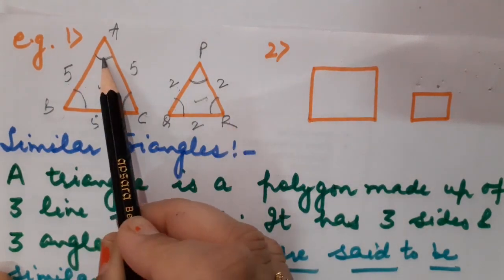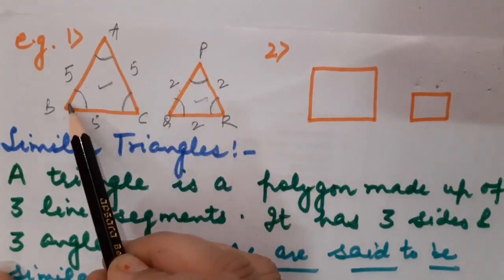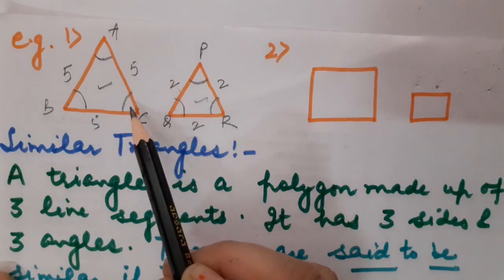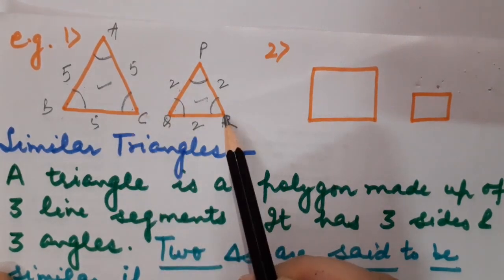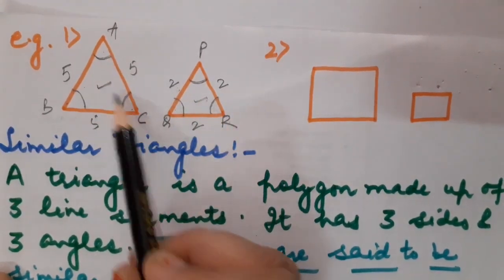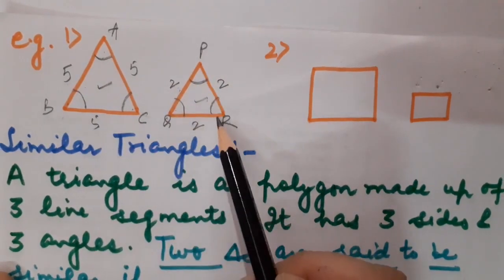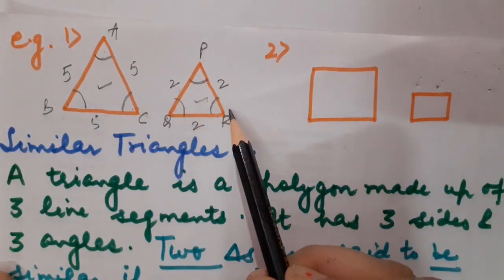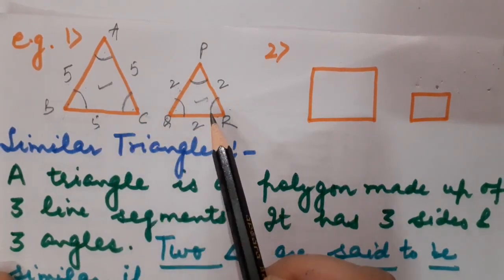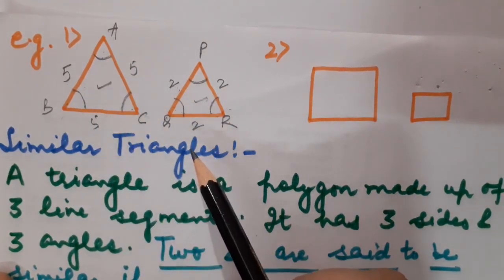For example, angle A must be equal to angle P, angle B must be equal to angle Q, angle C must be equal to angle R. Means each and every angle of the first figure must be equal to the corresponding angle of the second figure. Then in that case we can say that both the figures are similar to each other.